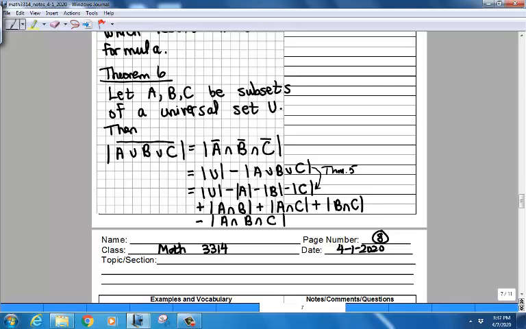This minus sign reverses all the signs in Theorem 5, and you end up with this formula.